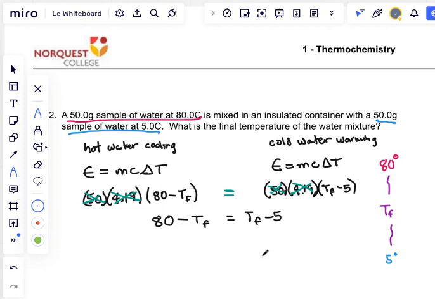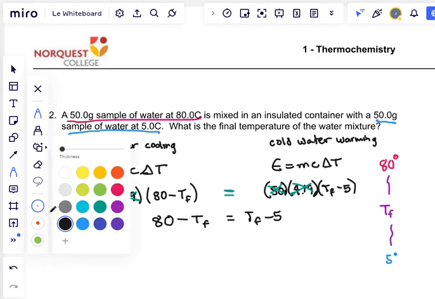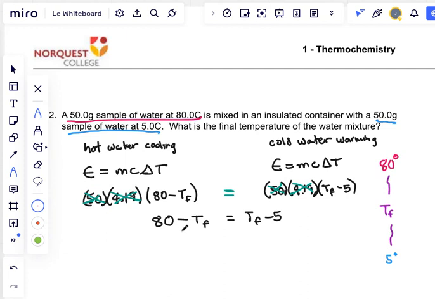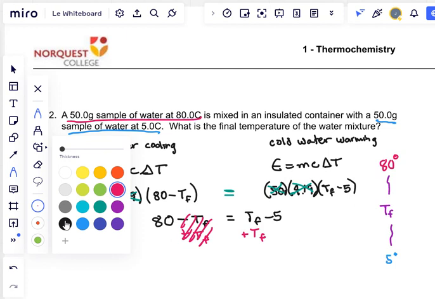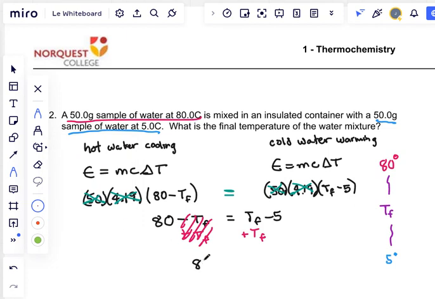How do we solve that? Pretend you're in math class for a second. We're trying to solve for TF, which means we want to get all our TFs to one side of this, so let's get rid of the negative one because negatives make me sad. If we add TF to each side of this equation, these two cancel. Gone. Now we have 80 equals 2TF minus 5.